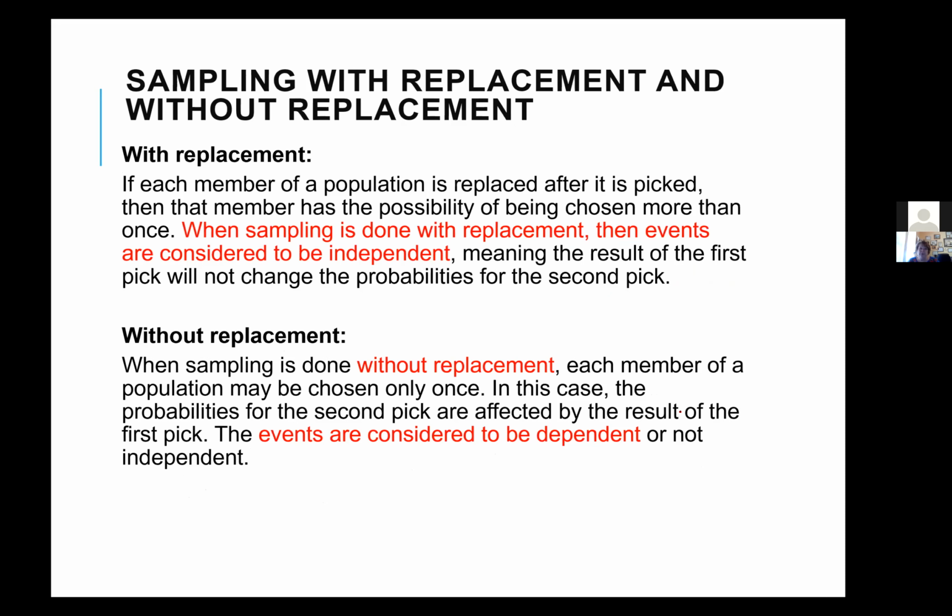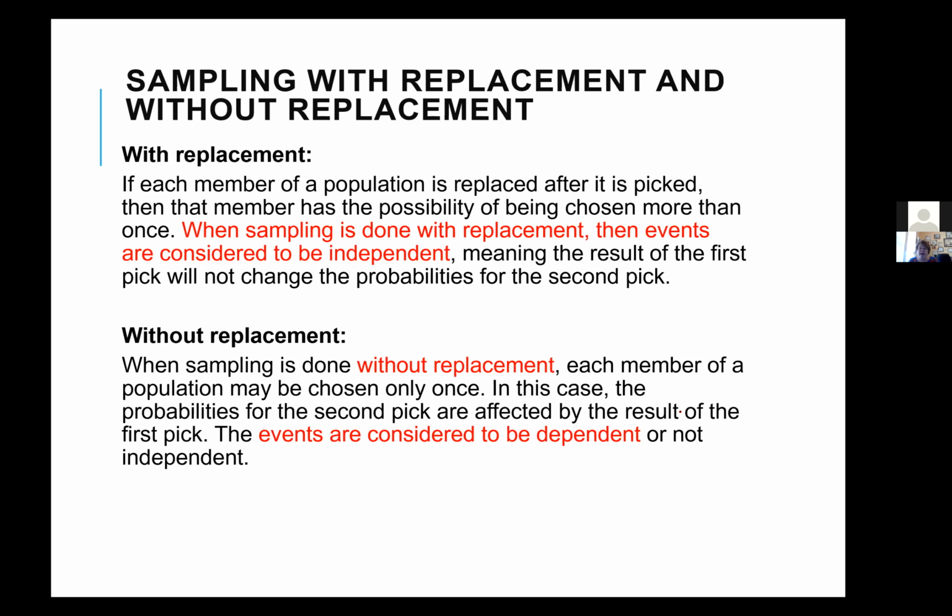So, sampling with replacement and without replacement. If you sample with replacement, so you take a sample and then you put that item back into your population and then sample again, then those events are independent.